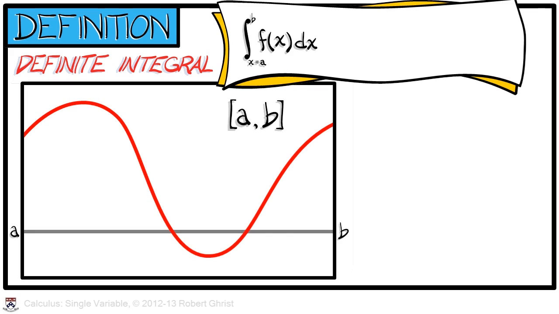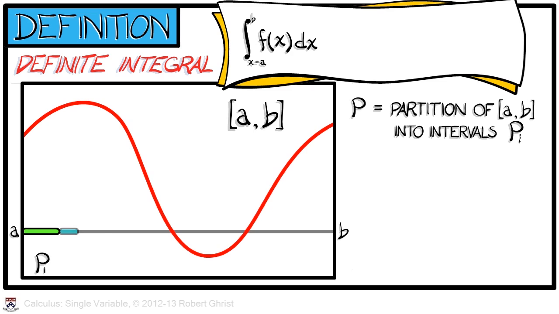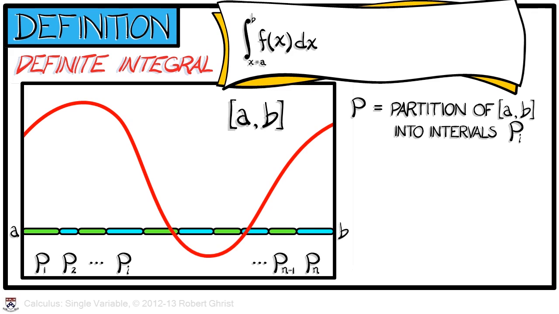Well, first, we restrict to the interval from a to b. And then we build a partition. That is, we split this interval up into subintervals, P1, P2, all the way up to Pn, that fill up the domain from left to right.